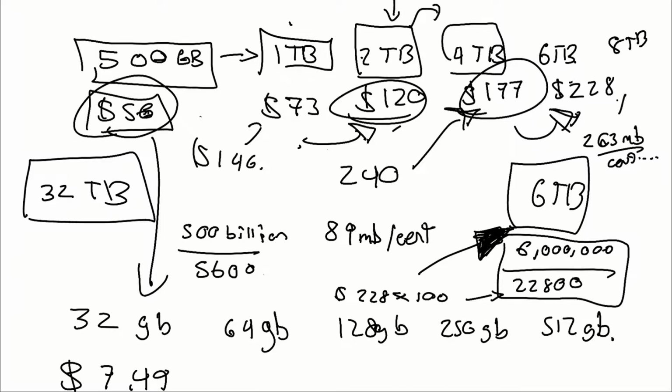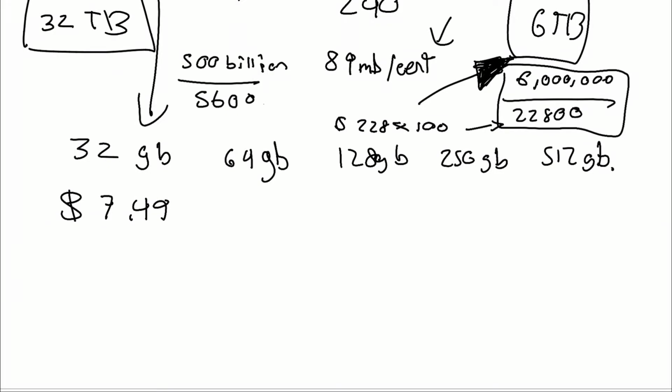Obviously, this is a lot cheaper than this. But if we do this with the SD card, 32 gigabytes is going to be 32,000 megabytes. And if we divide that by 749, which again we multiply times 100, so we get 3200 divided by 749.